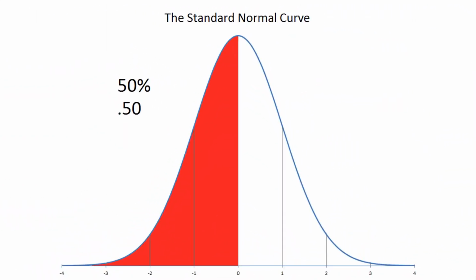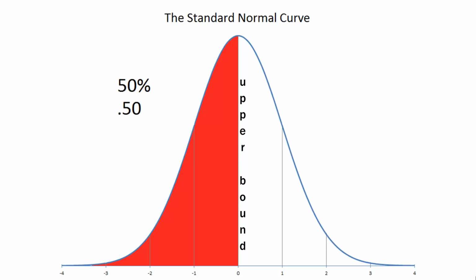Now, if we take exactly half of the area under the curve, that means that probability has to be 0.5, or 50% of the distribution. That's just a simple concept. If the entire thing is 1, half of it has to be 0.5 or 50%.